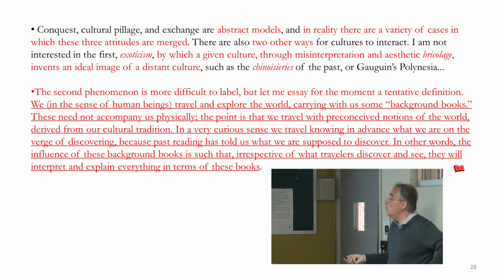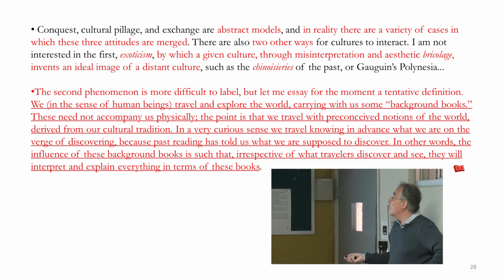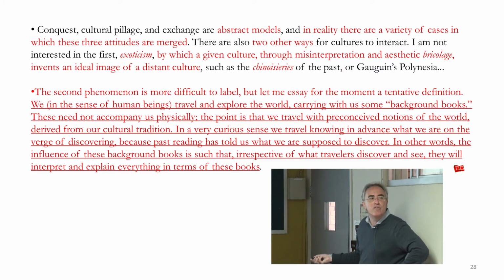In a very curious sense, we travel knowing in advance what we are on the verge of discovering, because past reading had told us what we are supposed to discover. In other words, the influence of these background books is such that irrespective of what travelers discover and see, they will interpret and explain everything in terms of these books.